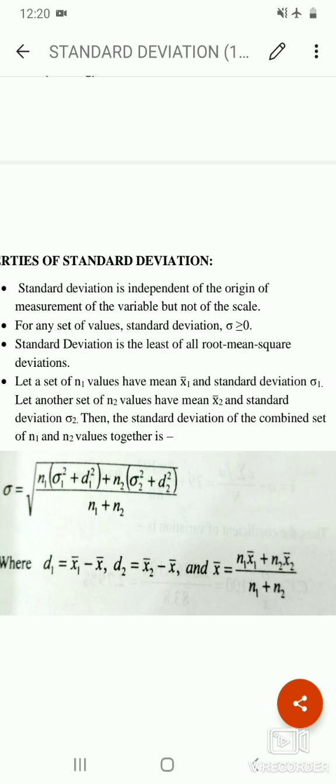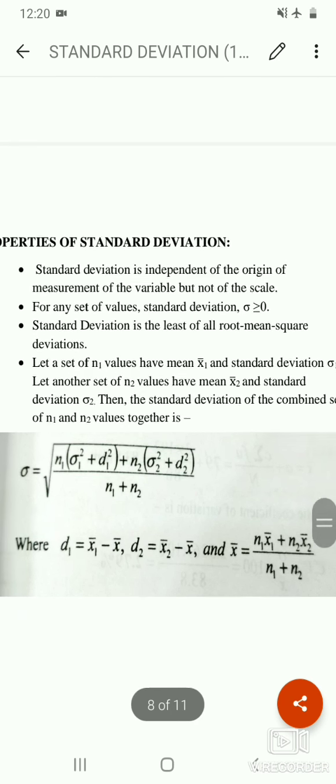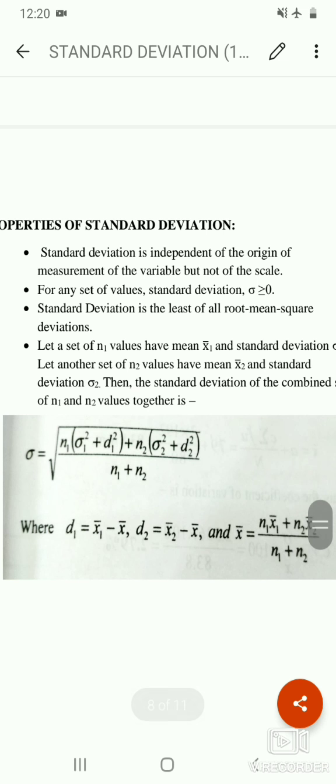Then the standard deviation of the combined set of n1 and n2 values together, the formula is sigma is equal to square root of n1 into sigma 1 square plus d1 square plus n2 into sigma 2 square plus d2 square whole divided by n1 plus n2. So this is the formula of combined standard deviation of two sets of data.